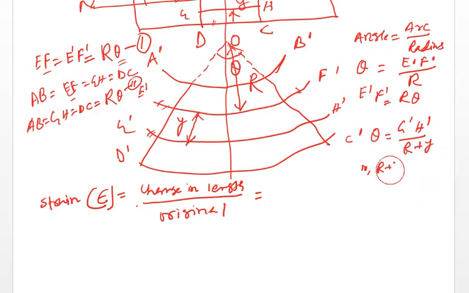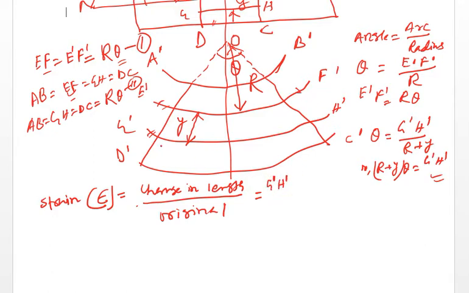So (R + y) × θ is equal to G'H'. So we got the value of G'H'. Now, change in length. How to find the change in length? Change in length is the final length, that is G'H'.